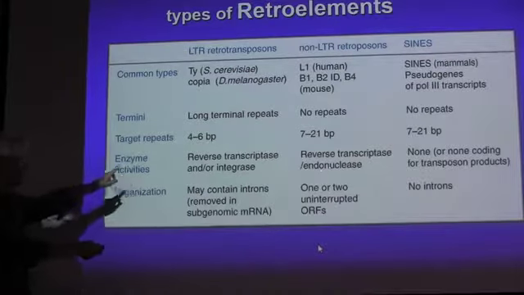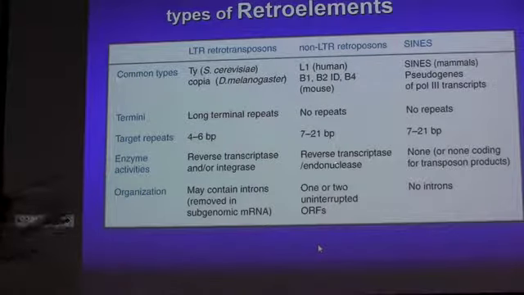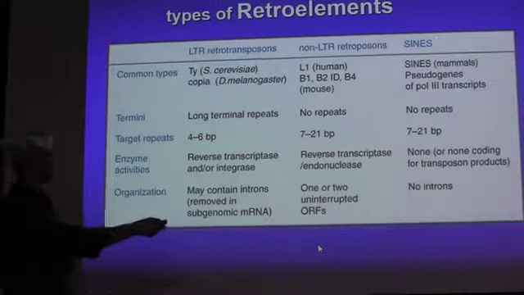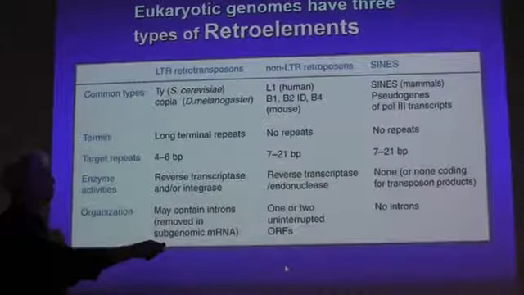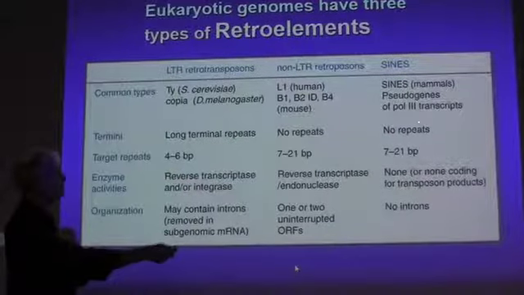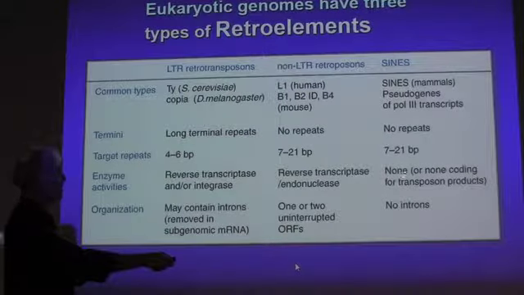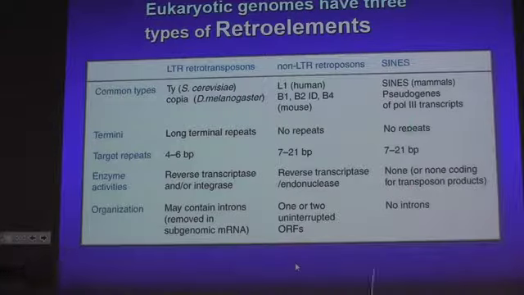We'll see how that comes into play instead of an integrase, and 1 or 2 ORFs. And then SINEs, and these are Pol3 transcripts. Doesn't code for anything, no introns, and these are very short, 300, 500 base pairs at most.